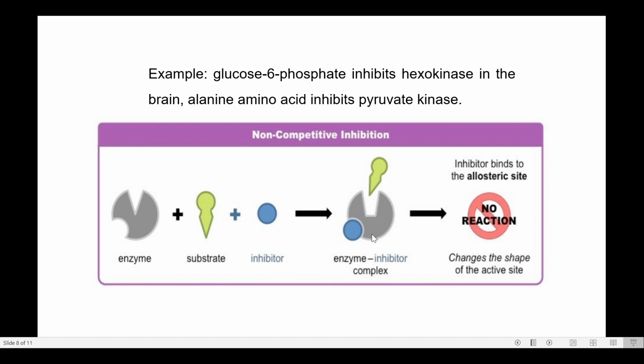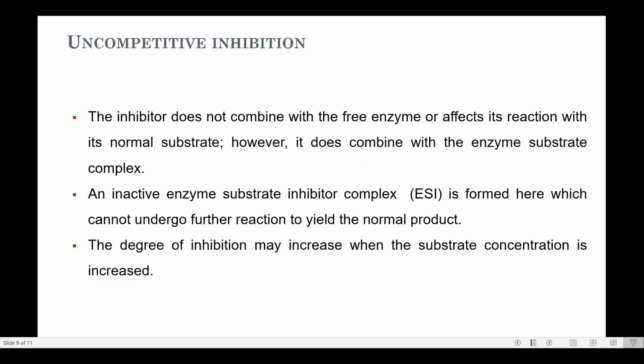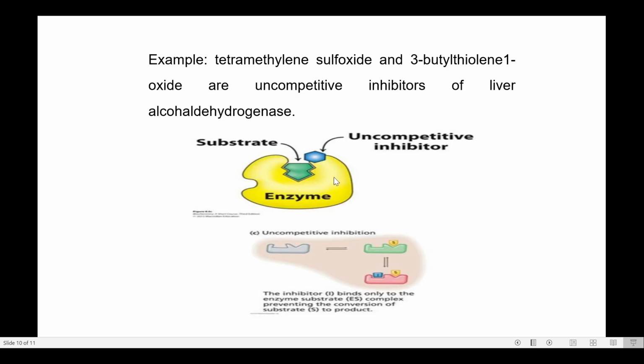Coming to uncompetitive inhibition, here the inhibitor does not combine with the free enzyme or affect its reaction with its normal substrate, but it combines with the enzyme substrate complex, forming an inactive enzyme substrate inhibitor complex. All three are joined together to form the ESI, enzyme substrate inhibitor complex, which cannot undergo further reaction to yield the normal product.